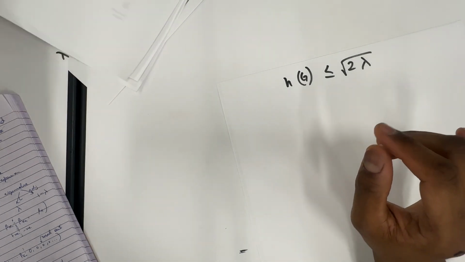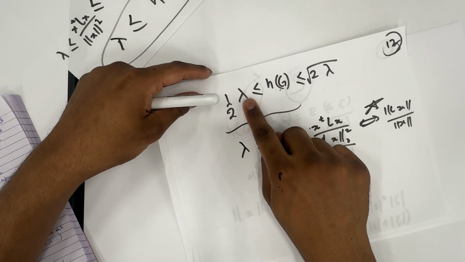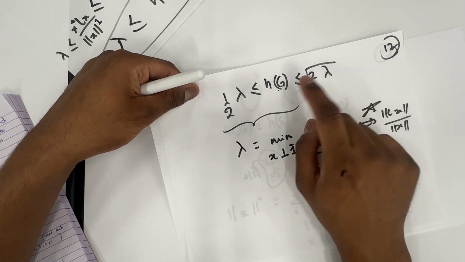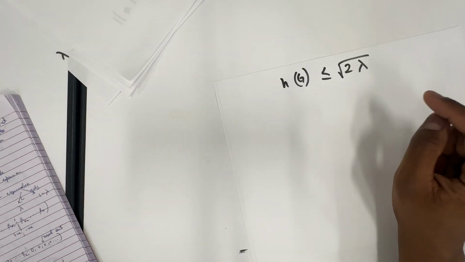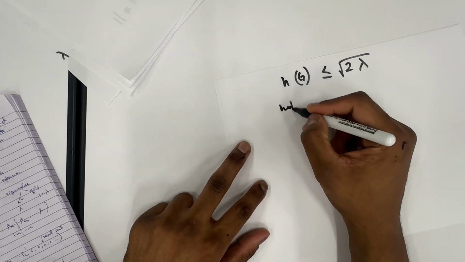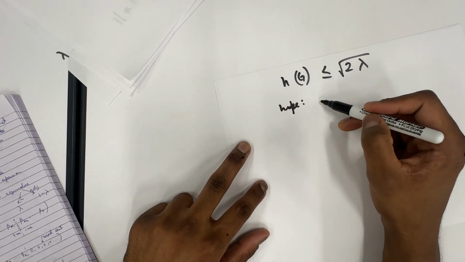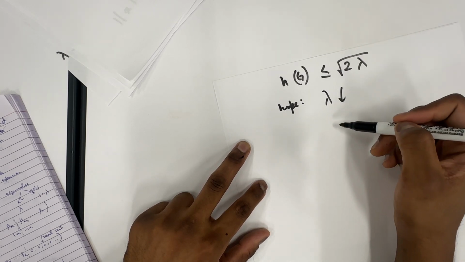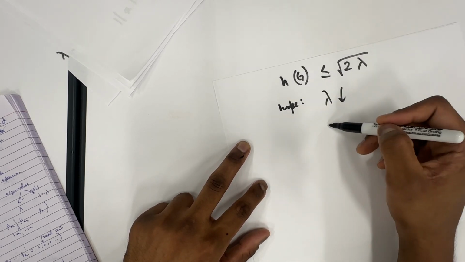Here we said that if my expansion is small, my lambda would be small. Now I want to say if my lambda is small, the expansion is small. And maybe we can build some intuition from there. So we hope that if we think of lambda as small, maybe we can conclude that my expansion is small.